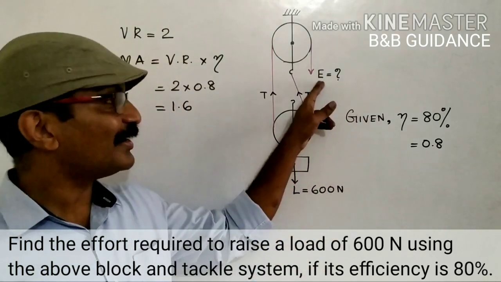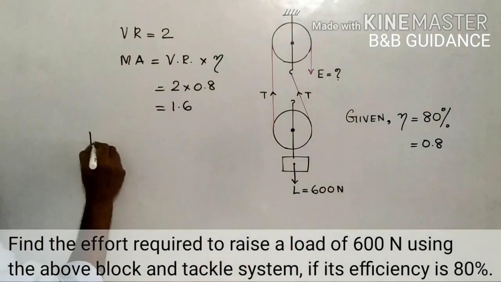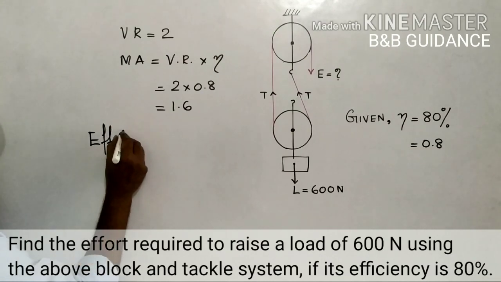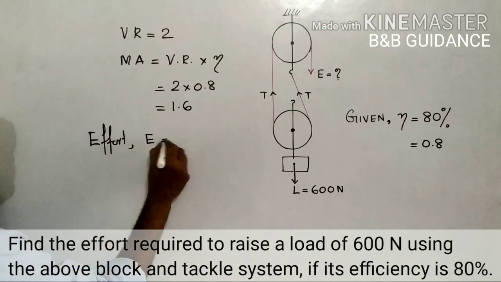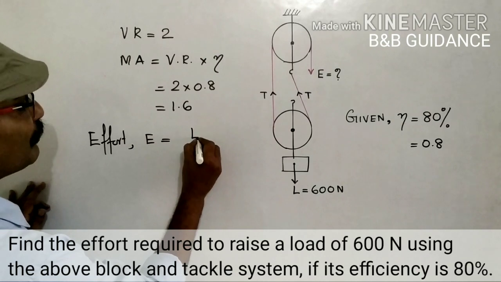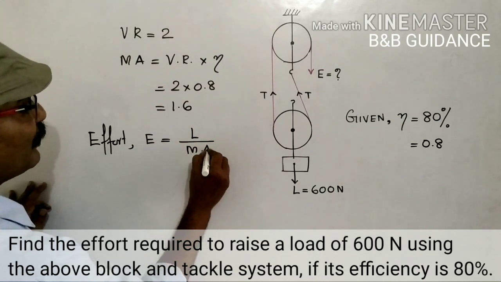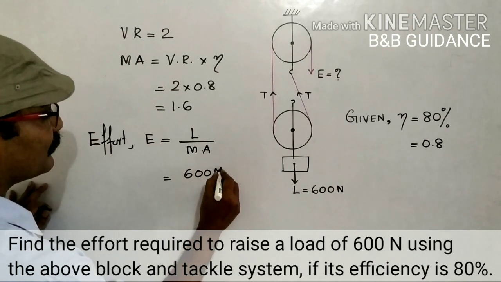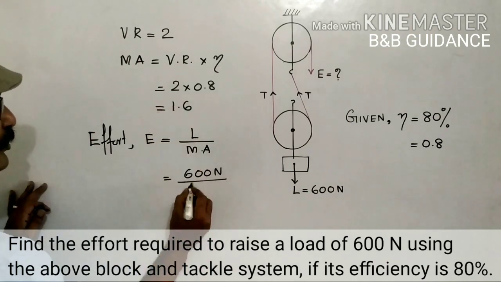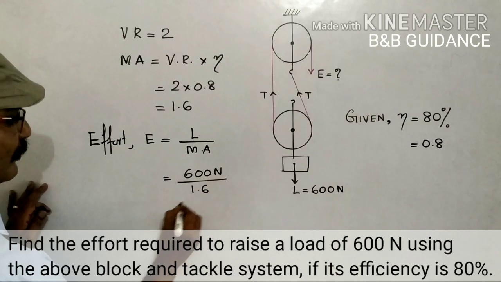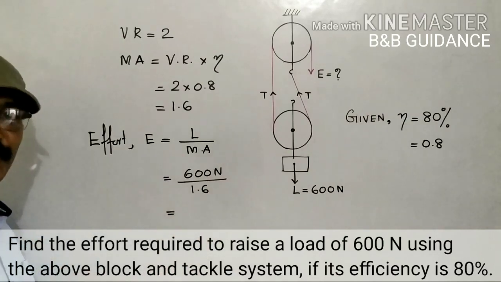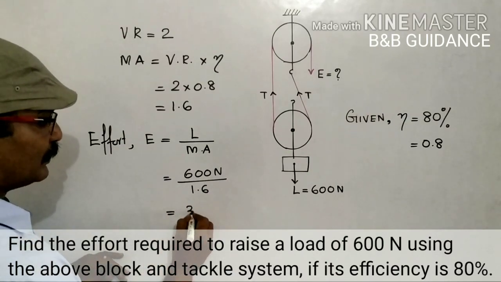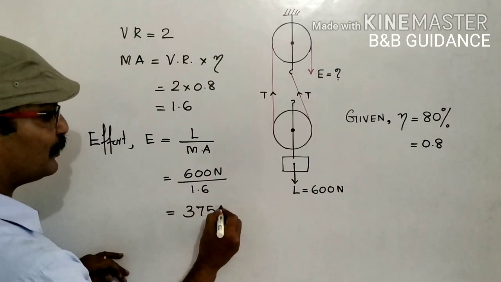Now you can find the effort. Effort E equal to load by mechanical advantage. Load is given as 600 Newton and mechanical advantage 1.6. So you will get 375 Newton.